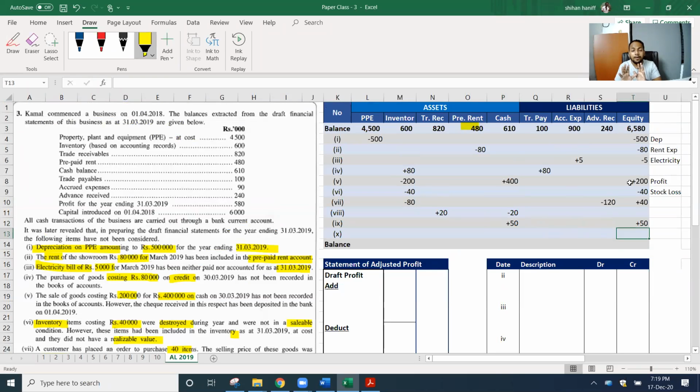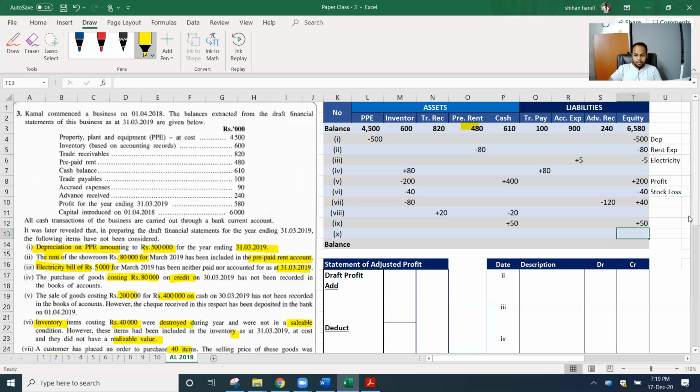So no need to adjust the debtors account again. You can consider this as an income. So income account credit, and cash account or the bank account debit.